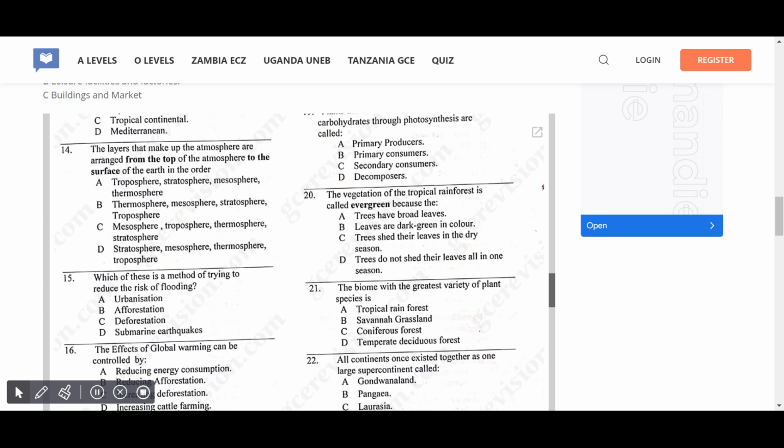The layers that make up the atmosphere are arranged from the top of the atmosphere to the surface of the earth in the order.